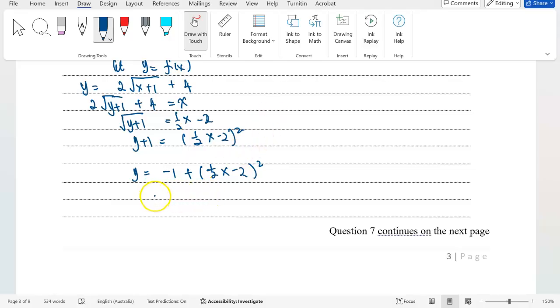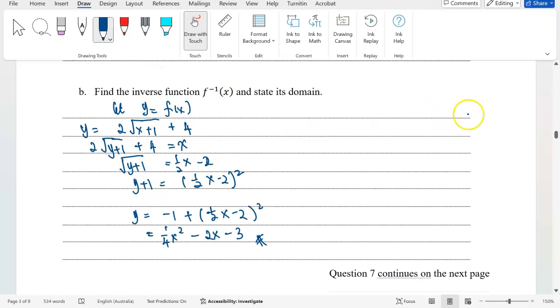Let's say we want it in expanded form: 1/4 x squared minus 2x plus 4 minus 3, I think. Okay.